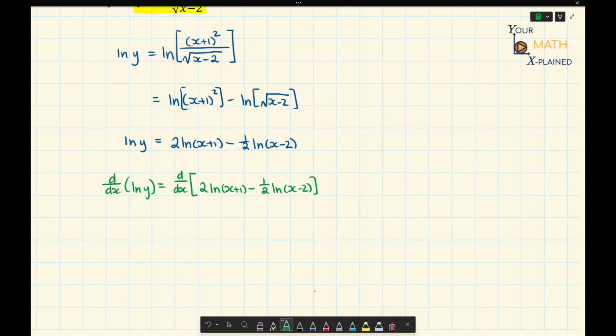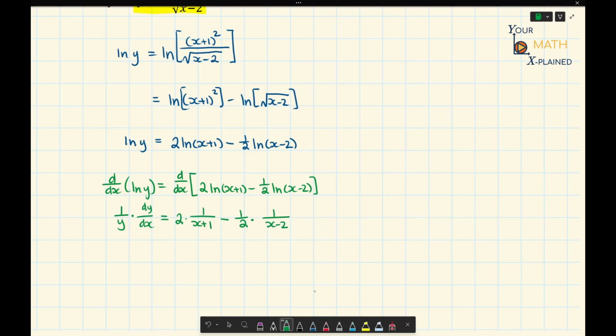The derivative of ln of y with respect to x is going to be 1 over y times dy dx. And then on the right-hand side, this is going to be 2 times 1 over x plus 1 minus 1/2 times 1 over x minus 2.